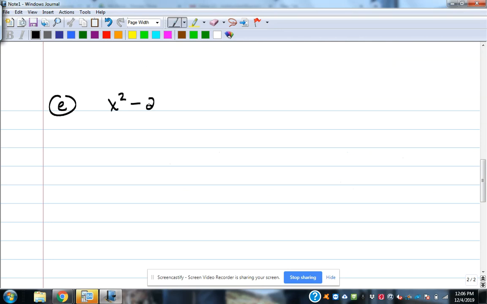X squared minus 2x minus 15 over x squared minus 5x. Again, I'm going to find my excluded values before I simplify. So I'm going to set the denominator equal to 0.